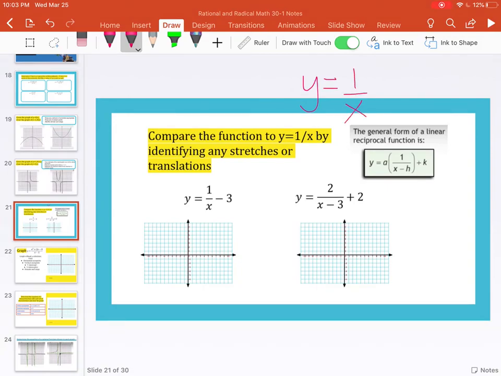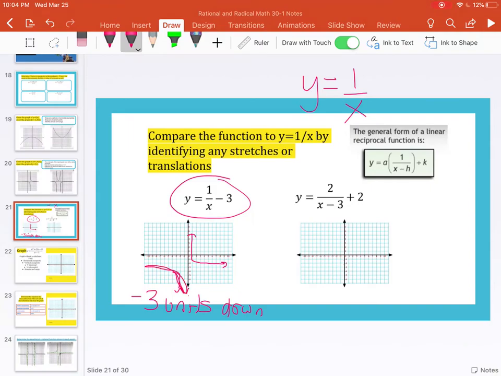So if my original graph was 1 over x, and then I ended up with a graph of 1 over x minus 3, I'm going to have a vertical translation 3 units down. So I'm going to be translating my graph 3 units down. If you were to type this in your calculator and graph it, you would notice that you end up with a graph that looks something like this.